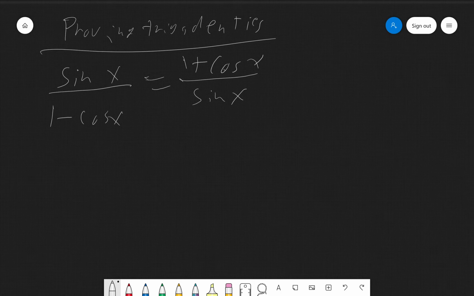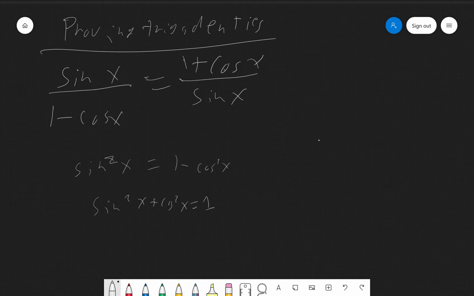I haven't done this problem, or if I did, I forgot it. But if you cross multiply, or simply multiply by 1 minus cosine of x and then multiply by sine of x, you get sine squared of x equals 1 minus cosine squared of x. Add cosine squared of x to both sides, you get sine squared of x plus cosine squared of x equals 1.